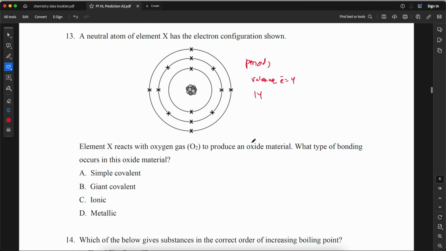When silicon reacts with oxygen, it will be silicon oxide. Silicon oxide has a giant covalent structure.